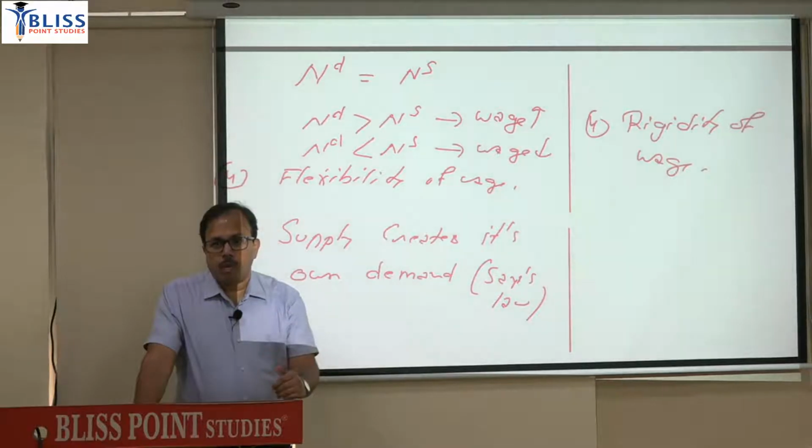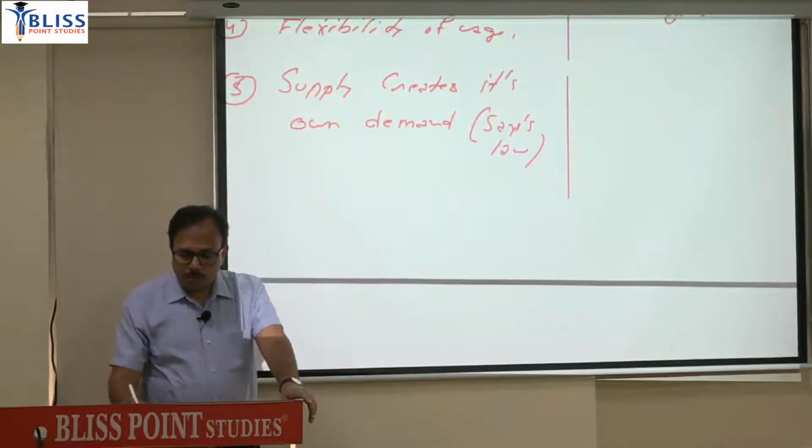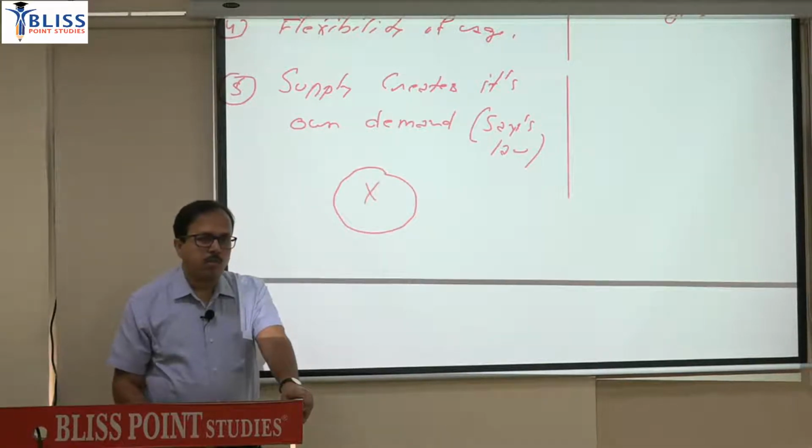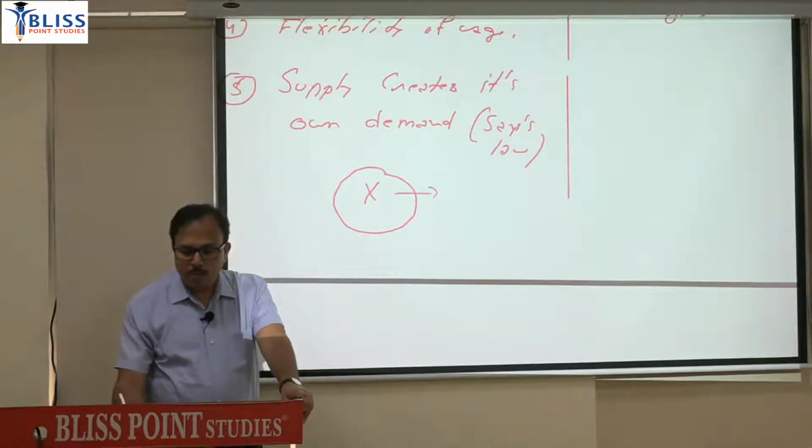But why and how? Suppose a product is being produced. Supply means production. If you produce a particular product X, production will involve the use of labor, capital, land, entrepreneur and so on.